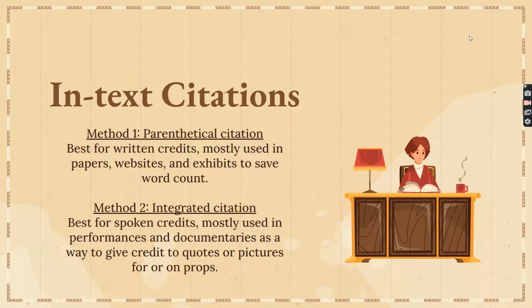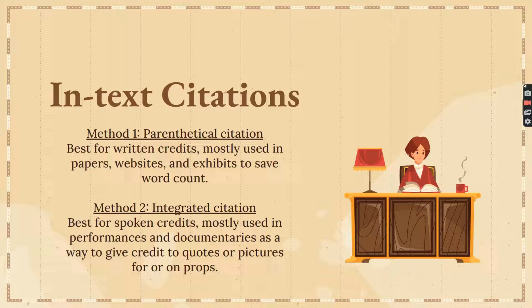In-text citations, please turn your handy dandy little sheets to the other side. Okay. In-text citations are just ways to cite something in your project. For example, on an exhibit, you can't just have an image and not have it cited on your exhibit. Even if you have it cited in your annotated bibliography, you still need it cited where it is as well.